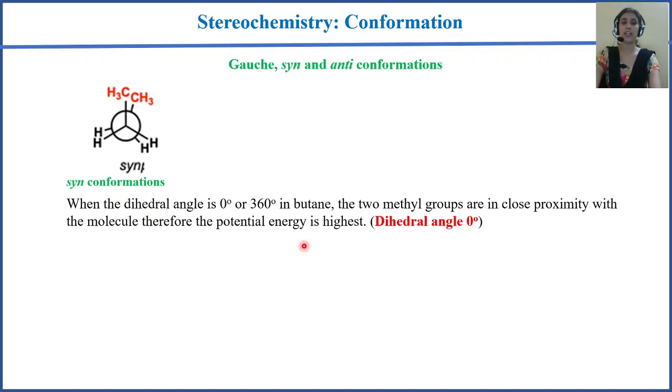Therefore, the potential energy is highest. The dihedral angle is 0 here. We will learn about the dihedral angle sometime later, but today take it for granted that this and this have a dihedral angle of 0. This is the syn conformation.